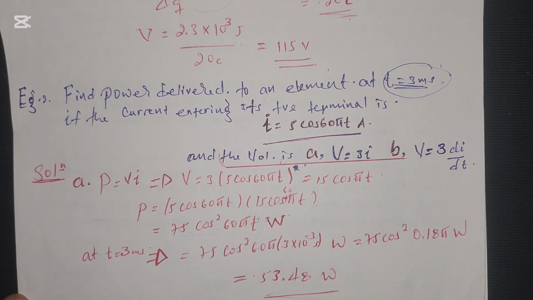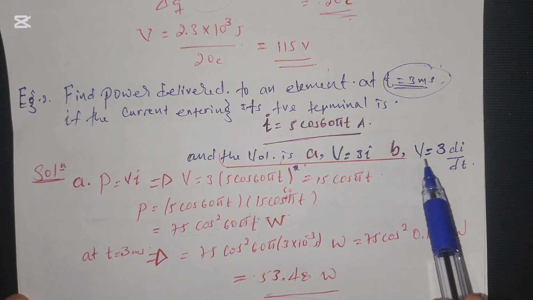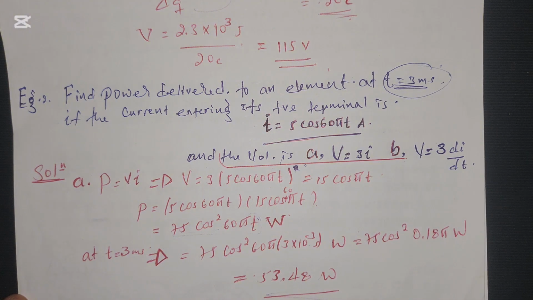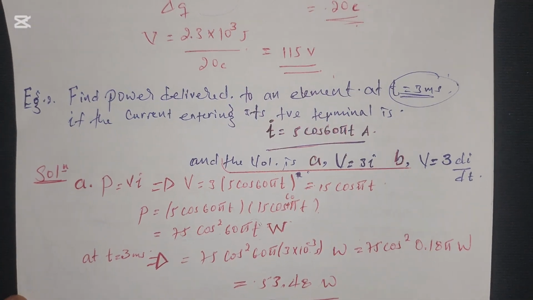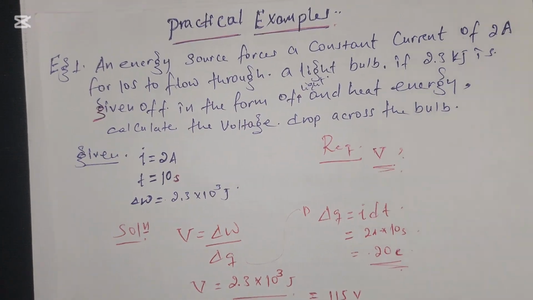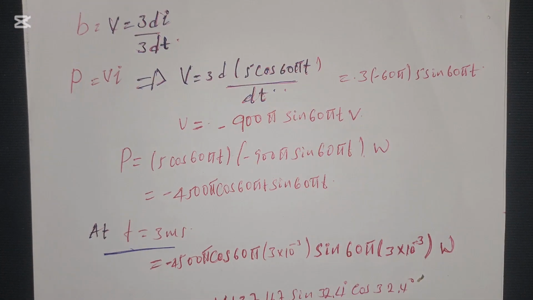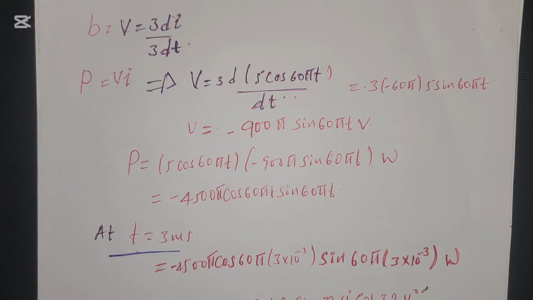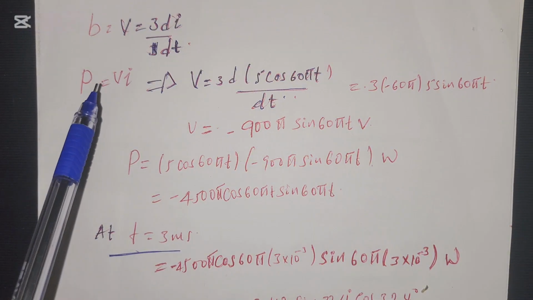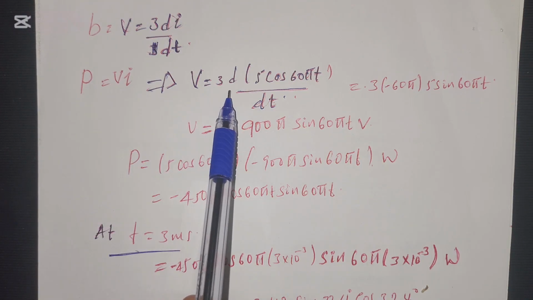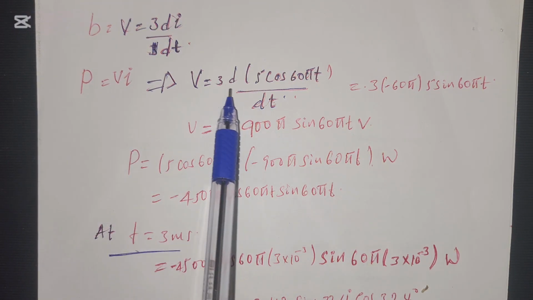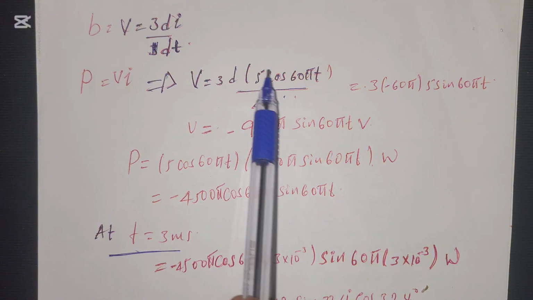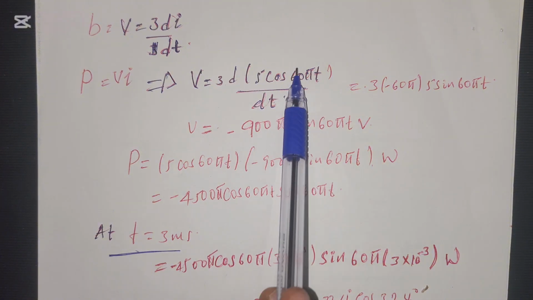Now let's calculate for B, when V is equal to 3 di over dt. P is equal to VI, and V is equal to 3 times the derivative of 5 cos 60 pi t.